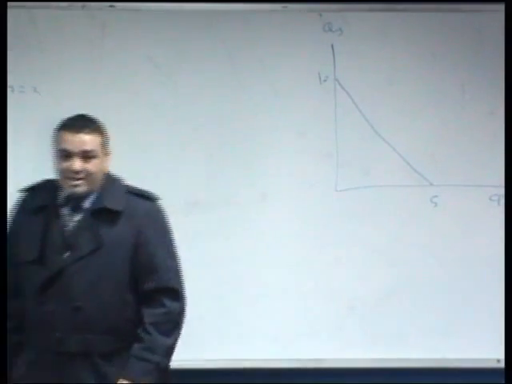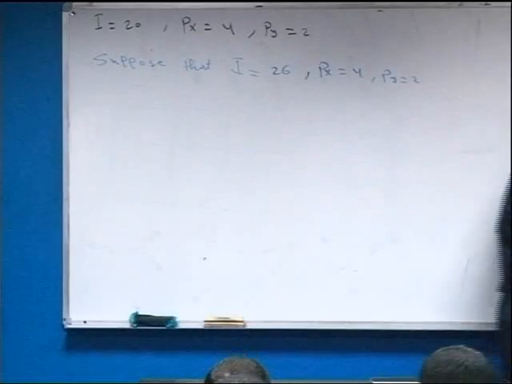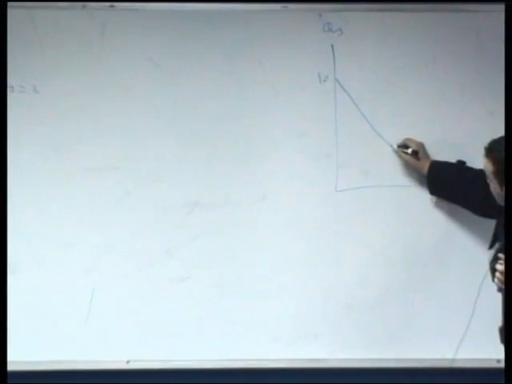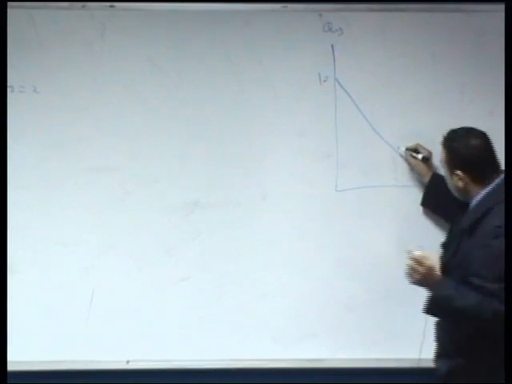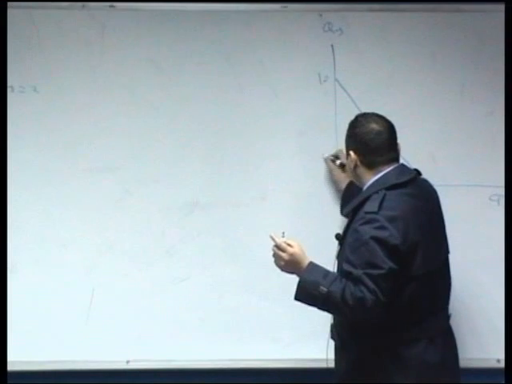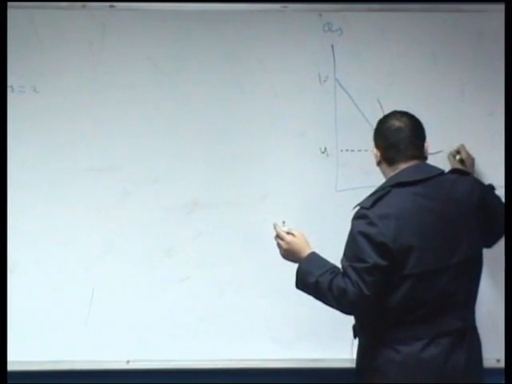Derive the new budget line. And what is the previous or the original equilibrium? 3, yes. So 3 of X and how much? 4 units of Y. This is the original equilibrium.